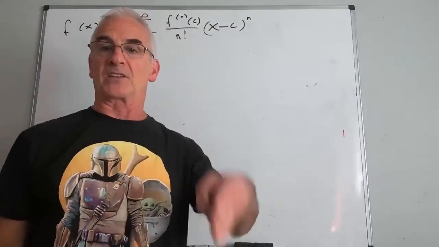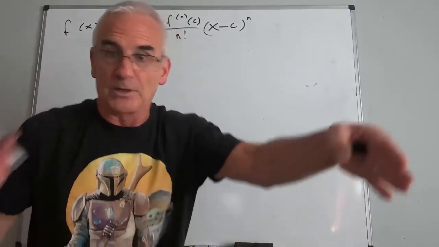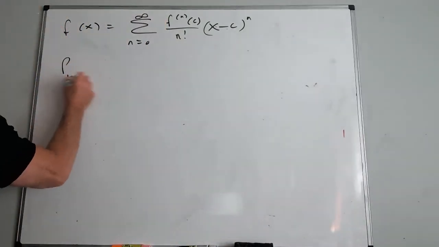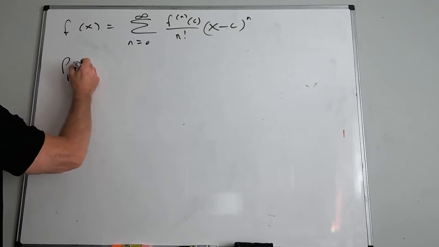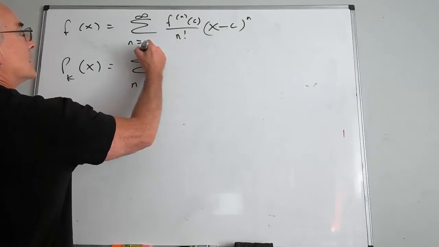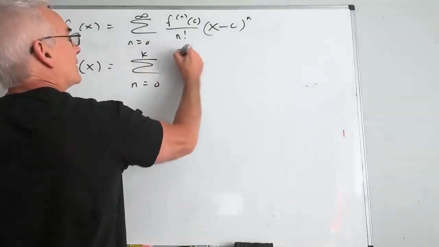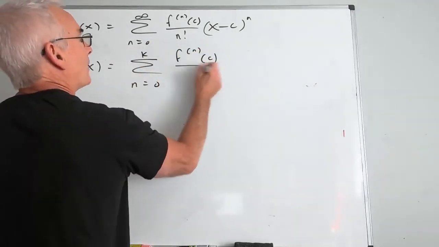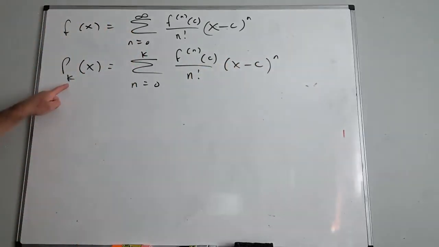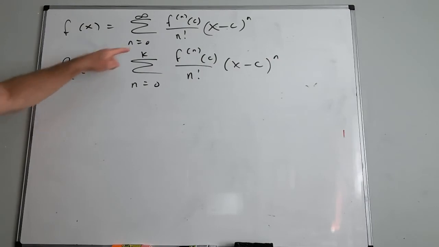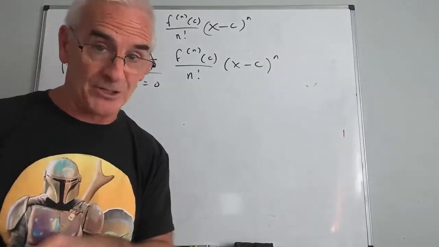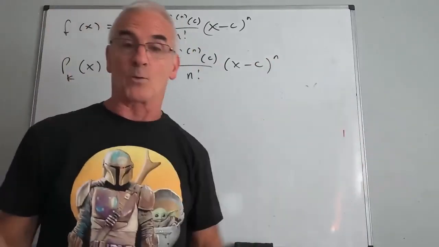What if I want this thing to stop? I only want a few terms. Then we say P, I'll use K because I'm using that as my subscript. Pk of X would be the same thing, but I'm going to stop. So if I said P3 or P5 or P11, that just tells me where I'm going to stop. That tells me the degree. It doesn't mean how many terms, it's the degree that I want to stop at.